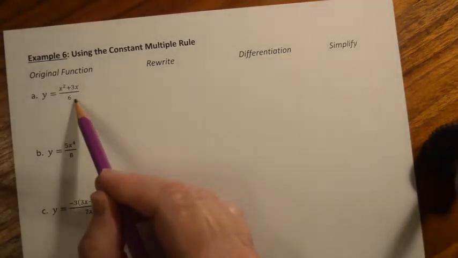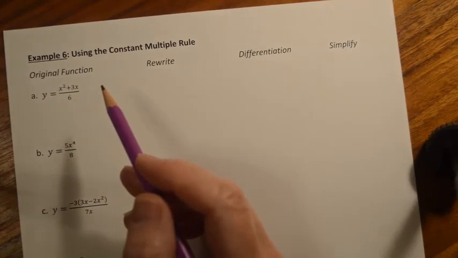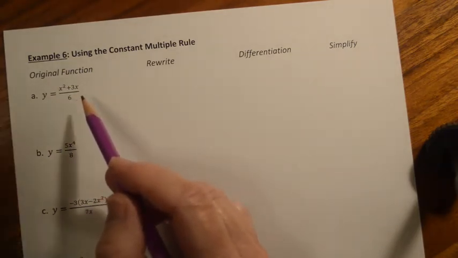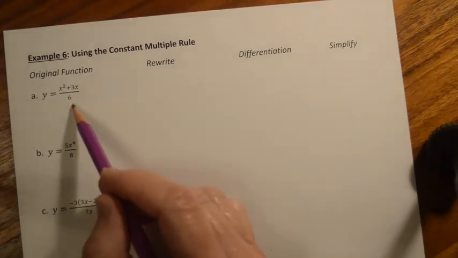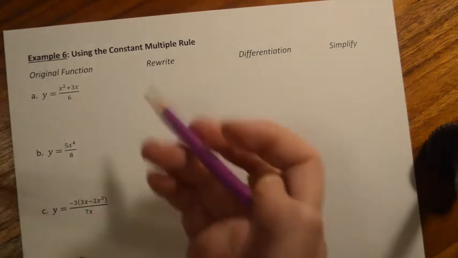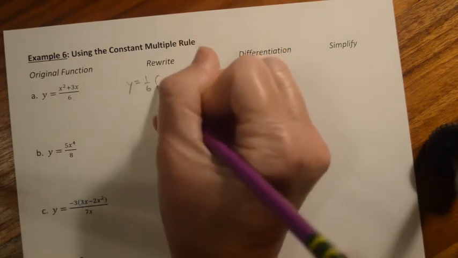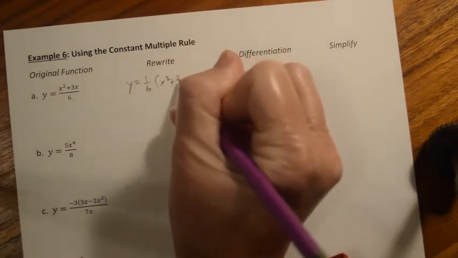So in this case, we could rewrite this function. Instead of writing it as x squared plus 3x over 6, we could look at this 6 as a 1/6 or a scalar. And so the rewrite for this would be y equals 1/6 times x squared plus 3x.